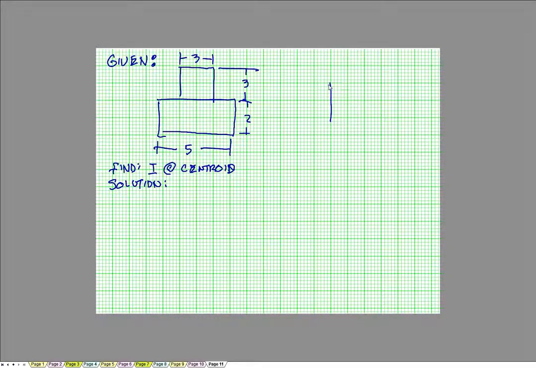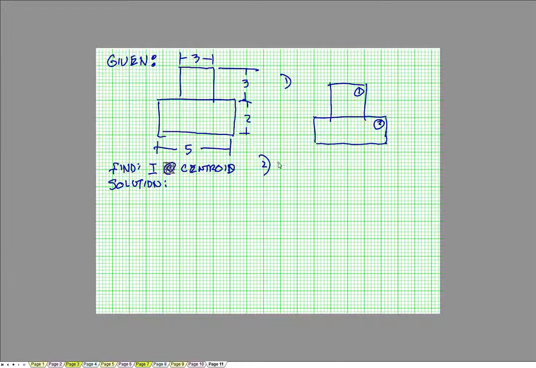Now I'm going to redraw it over here. Actually, it doesn't have to be quite that tall. That's a little disproportionate. There we go. So step number 1, break it down. We'll call this area 1 here, and this is area 2, or shape 1 and shape 2. Step number 2 is to find the centroid.